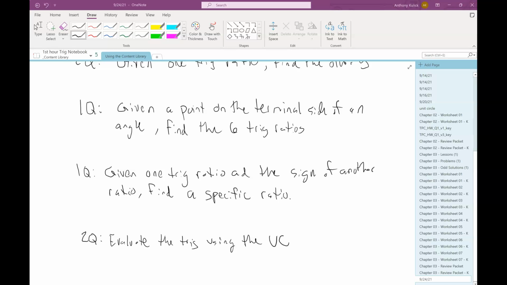You'll need your standard position angle definitions of sine, cosine, tangent, etc. So things like sine is y over r, cosine is x over r, tangent y over x. You'd need to have those things memorized. Everybody okay there? Still basically the same thing as SOHCAHTOA though, right? You're basically just calling y is opposite, x is adjacent, and r is hypotenuse, and it's still the same thing.